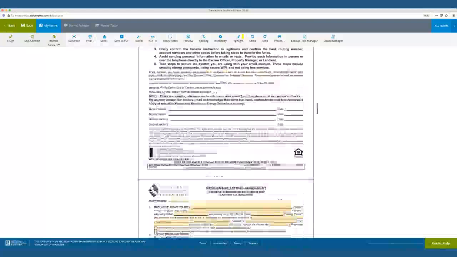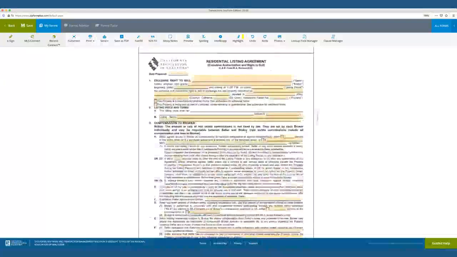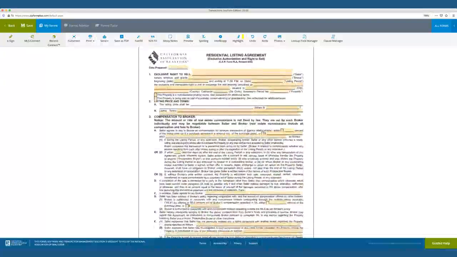So here's the agreement. This is the listing agreement right here. The date prepared is really important, because that date prepared is pulled on other forms. You may prepare it today, but then the beginning listing date, and we only do exclusive authorization to right to sell.